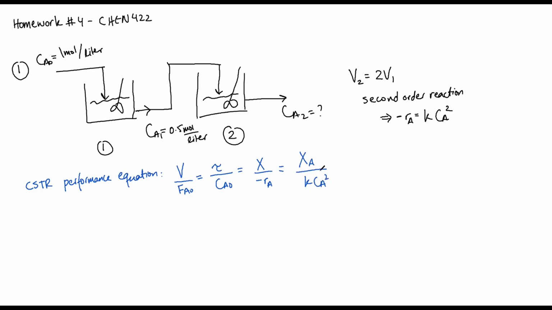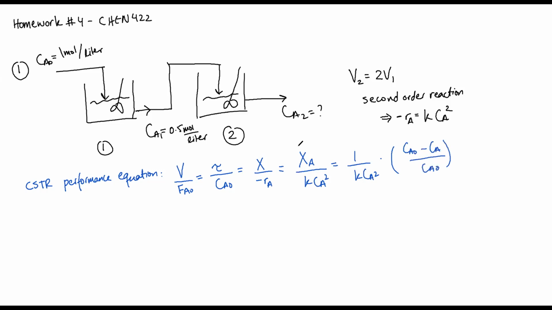I just substituted it right here. And instead of XA, I'm going to use the definition of XA. So I'm going to write this as 1 over K CA squared multiplied by CA0 minus CA over CA0.